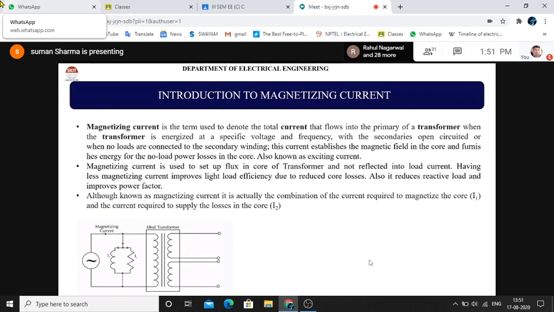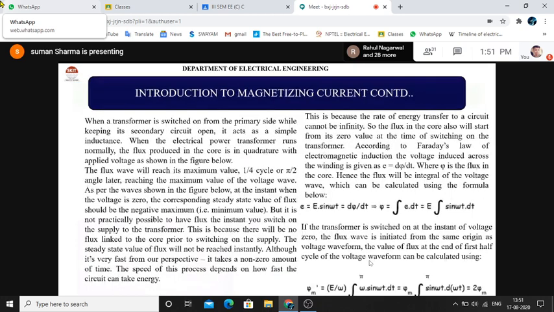Now, when the transformer is switched on from the primary side while keeping its secondary open, it acts like a simple inductance circuit. The inductance property is that it will oppose the rate of change of current. When an electrical power transformer runs normally, the flux produced is in quadrature with the applied voltage. If the applied voltage is the reference, then the flux will lag it by 90 degrees.